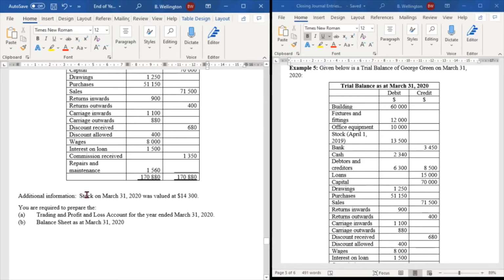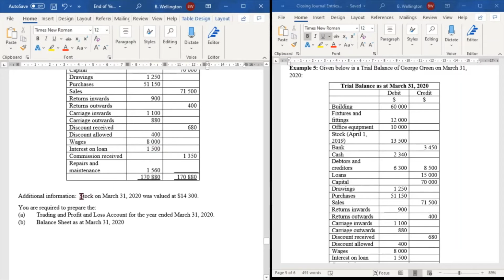It says that stock on March 31, 2020 was valued at $14,300. Now you notice that stock was not included in our trial balance because it was not on the books when the trial balance was done.